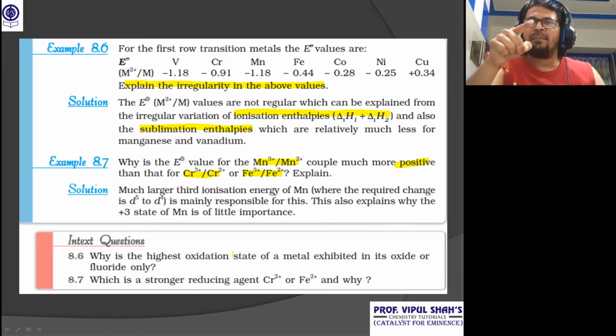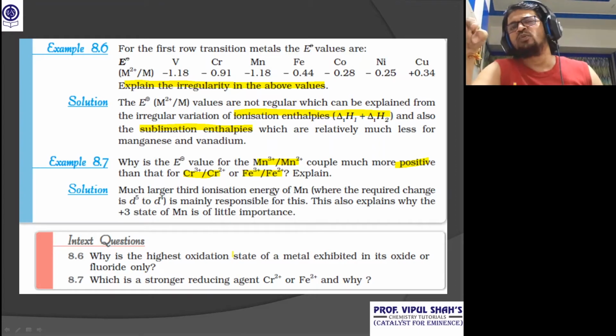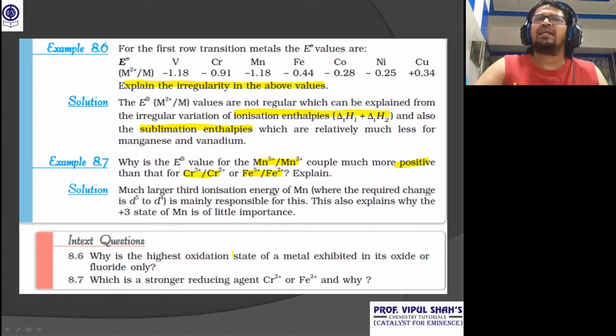But if I take Mn3+ with Mn2+, that's placed above hydrogen. What is the reason for this? Again the same way: the third I value is very large for Mn, which requires a change from D5 to D4. That explains why +3 is of less importance. Clear? And +2 is more stable because it gets converted to D5.